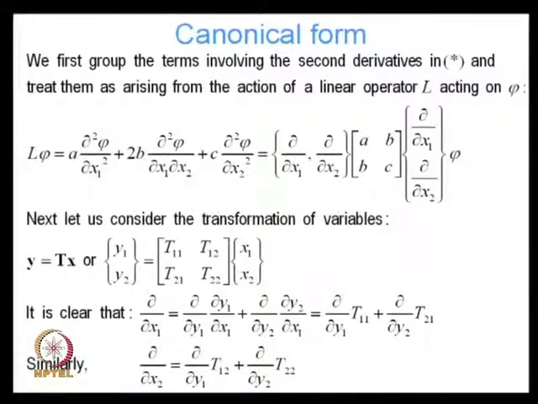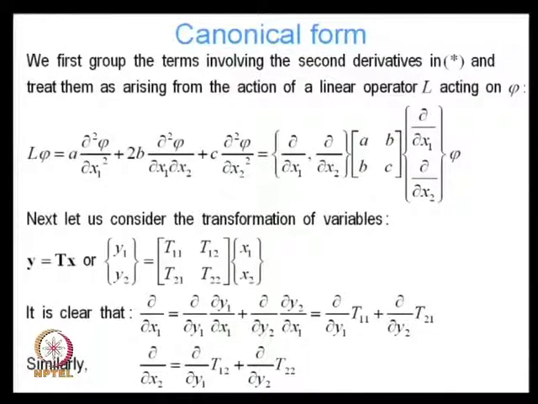Next we consider a transformation of variables. We say that we are going to go from x1 x2 to another set of variables y1 y2, and this T is my transformation matrix. So, y is equal to T of x, or y1 y2 is equal to, so I wrote out the transformation matrix in full form.